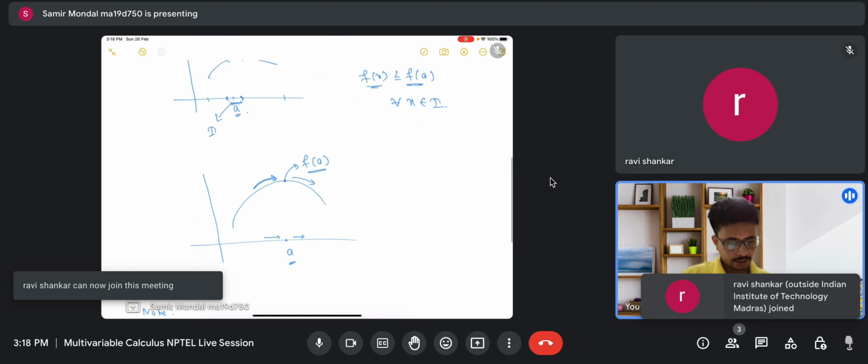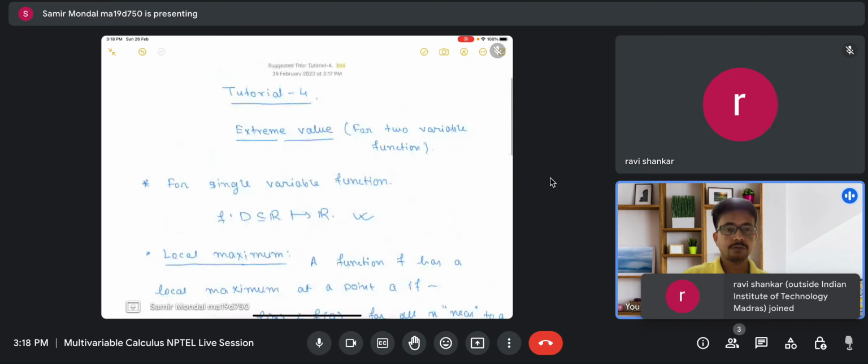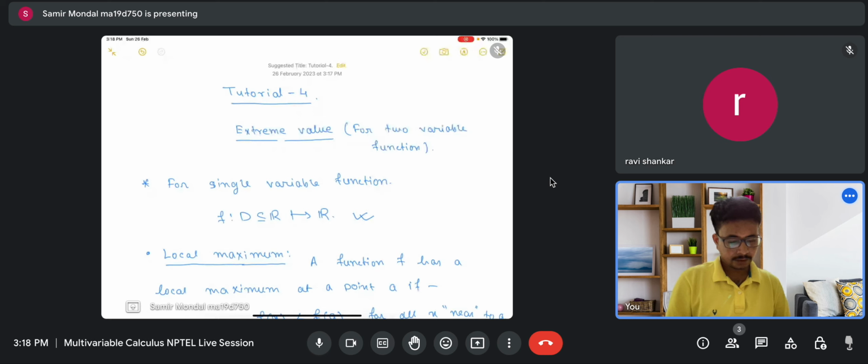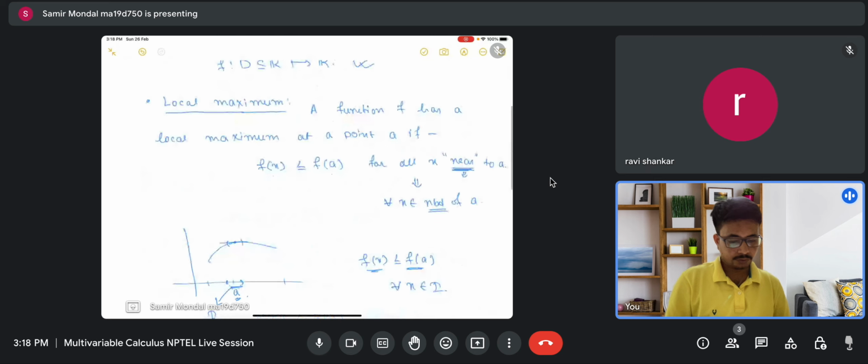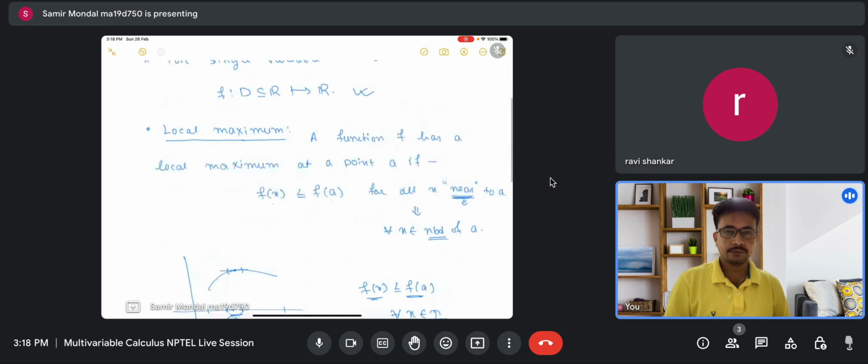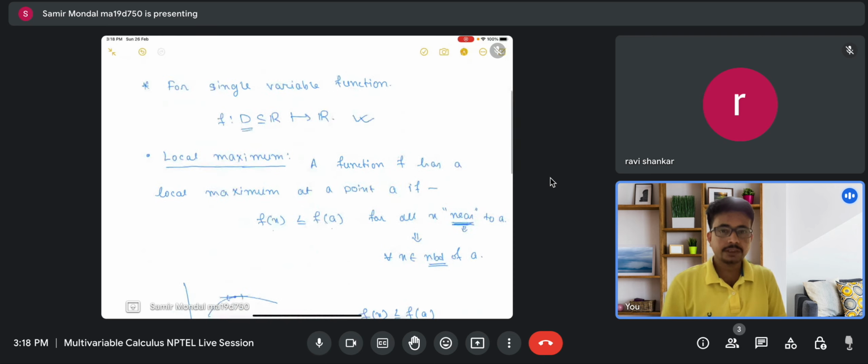Today we are discussing extreme value for two variable functions, so initially we restrict to single variable functions. What do we mean by local maxima for a single variable function? For a function defined on a domain D, which is a subset of R, f has a local maxima at a point A if f of x is less than or equal to f of A for all x near to A. What do we mean by this term near?